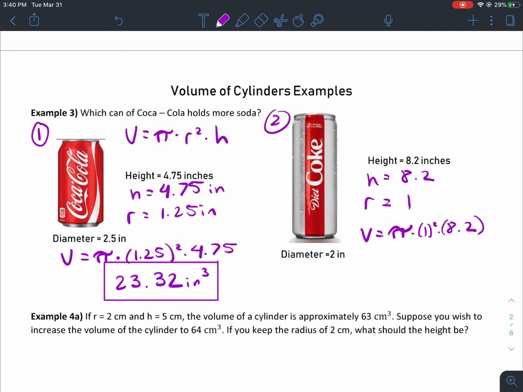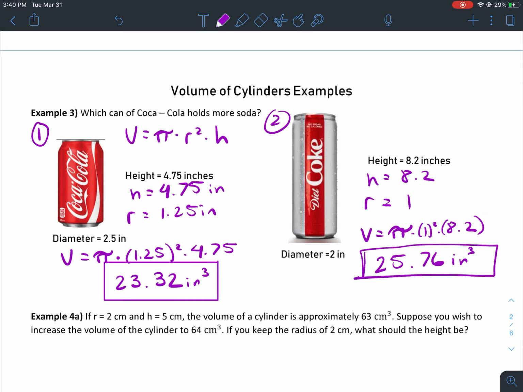When you plug those in, you should get 25.76 inches squared. And that is what I got for my answer. Oh, I'm sorry, not inches squared. It should be inches cubed.